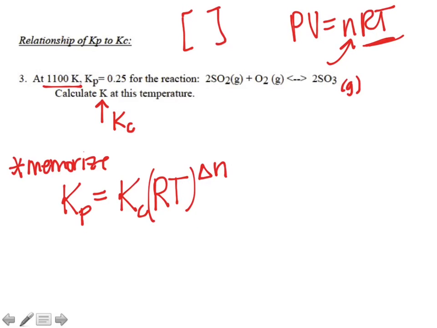Okay, R is the universal gas constant. We are not using the 8.314 because that is joules. We are going to use 0.0821 liter times atmospheres over mole K.